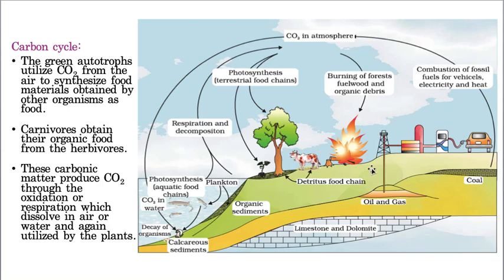And again these fossil fuels when used in vehicles, that means bikes or cars, again convert into carbon dioxide only. And when these organisms are dying, again this carbon dioxide is released into the atmosphere.